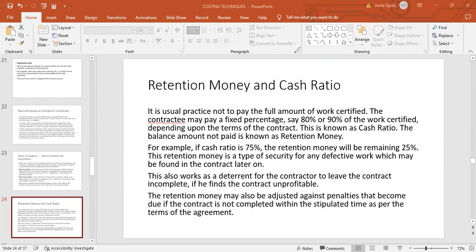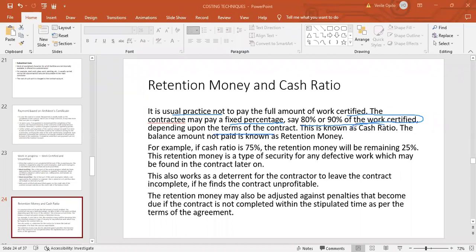That is why you can see that it is usual practice not to pay the full amount of work certified. The contractee may pay a fixed percentage, let's say 80% or 90% of the work certified, depending on the terms of the contract.